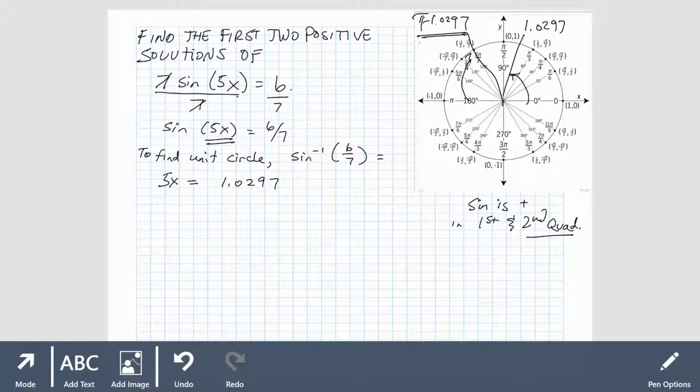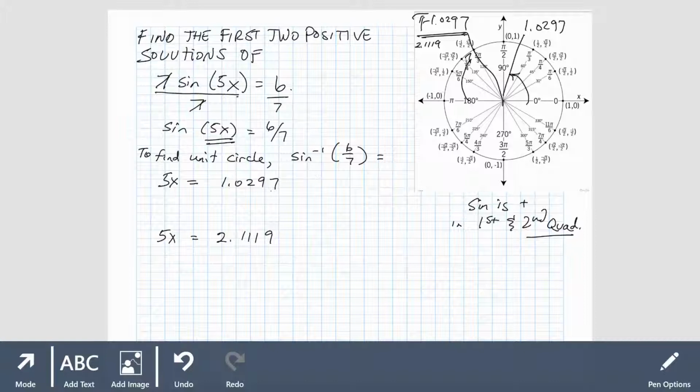That's going to be the second answer there. So this is 2.1119, and it will be my second solution. Again, let's backtrack a little bit and see where we came from. We started with 7 sine 5x equals 6, got the trig function by itself by dividing by 7, and then to get this x out of the trig function, I used the inverse sine.